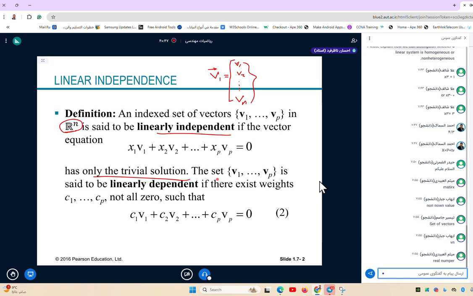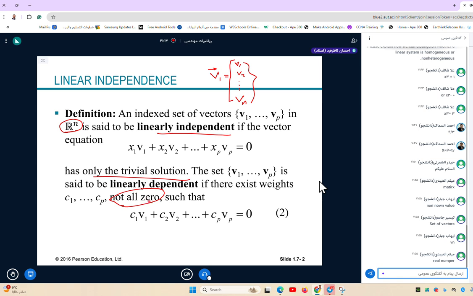In other words, the set v1, v2 through vp is said to be linearly dependent if there exist weights c1 through cp, not all 0.